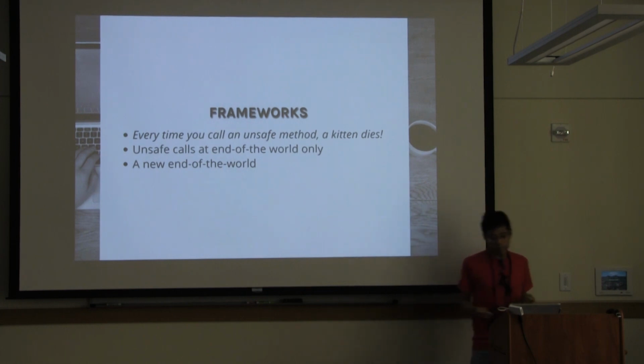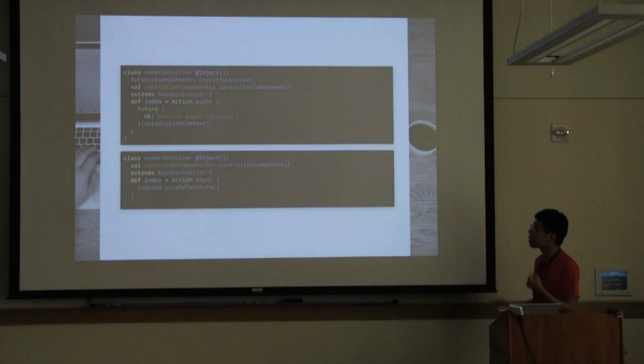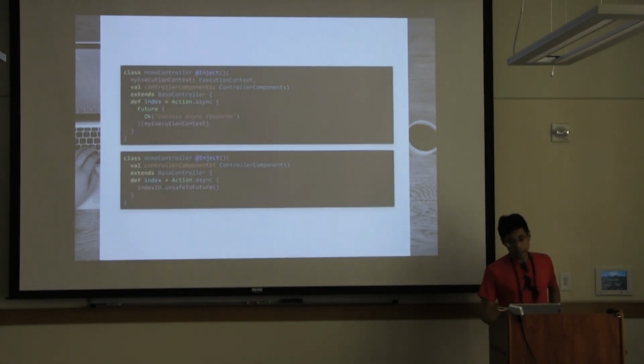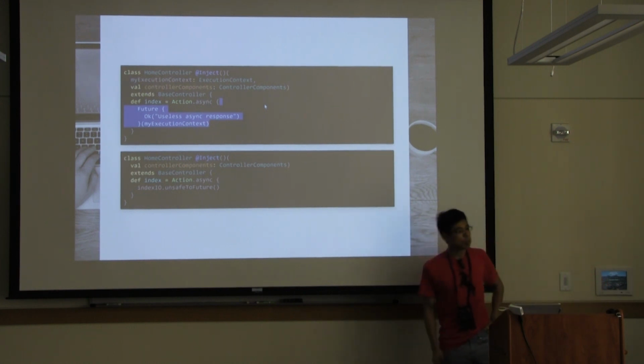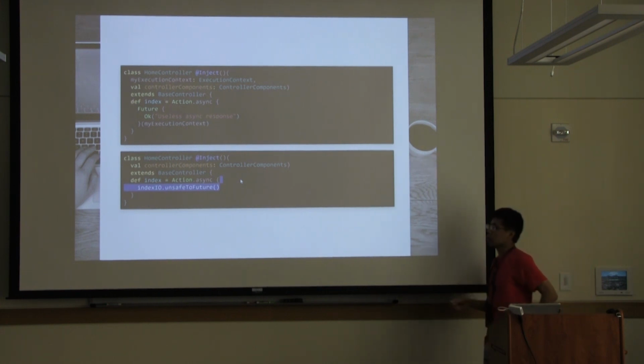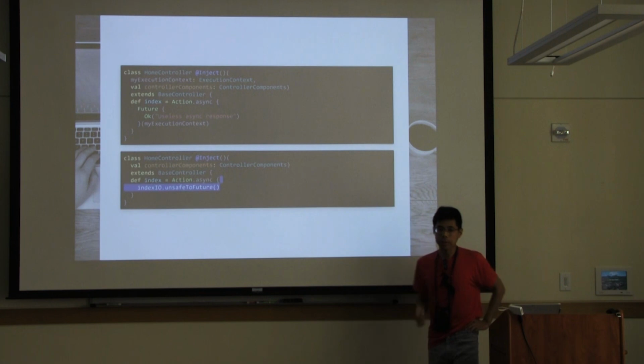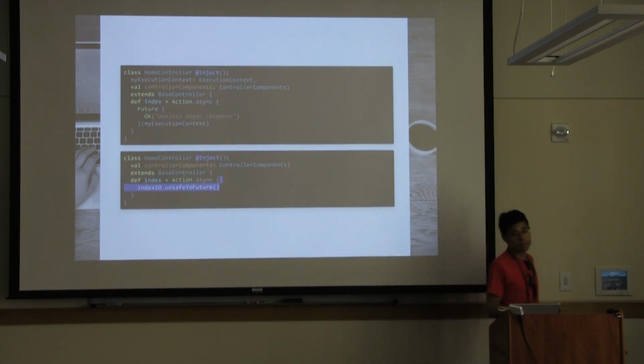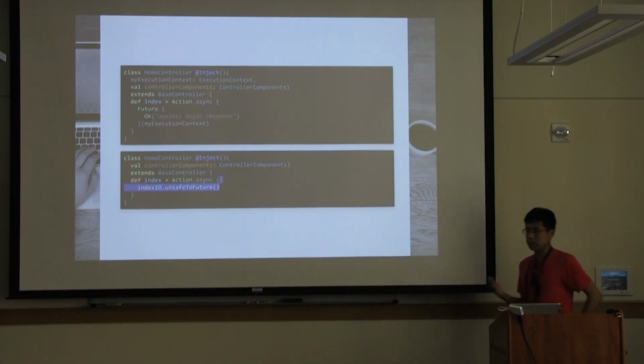And unfortunately, that means that we have control at this point, and at this point all you can do is generate a future. So what we can do is still write your functions to be as pure as possible with IOs and everything, but you have to consider the framework as a new end of the world.